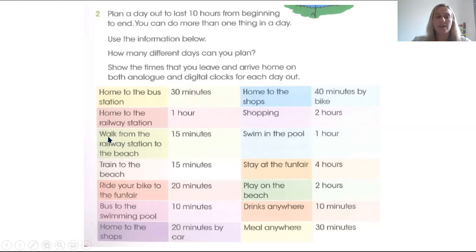I could say I could walk to the corner shop, that takes 15 minutes. But please make sure you read all of them because they already have home to the shops, but that is by car or by bike. So please read through everything. Try to keep them the same. If you change it, you are more likely to make a little bit of an error.